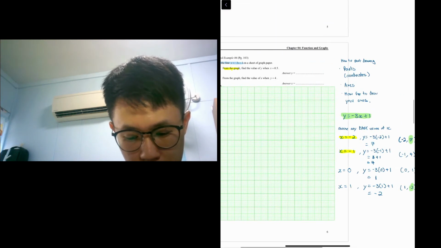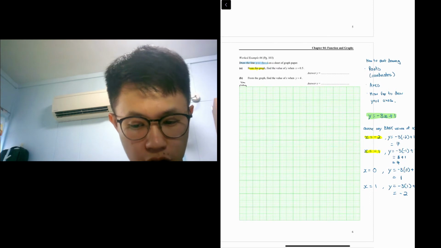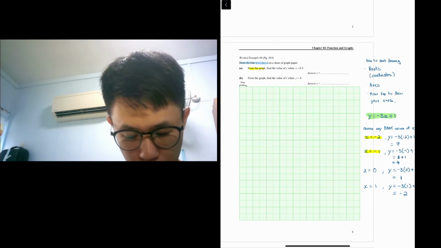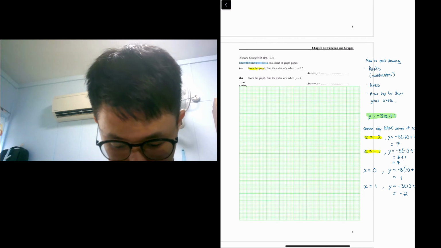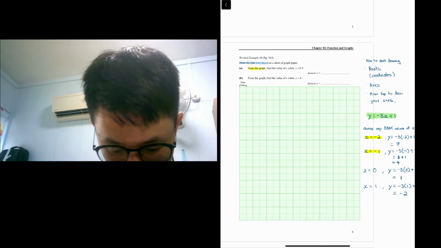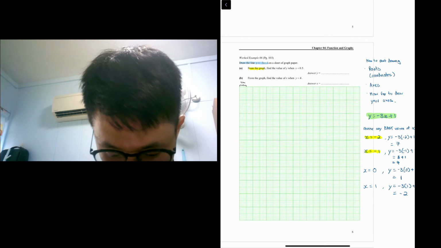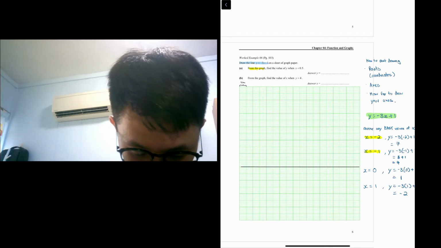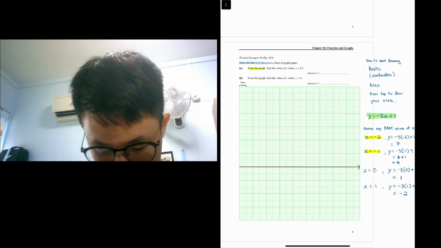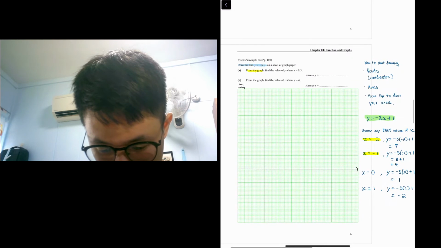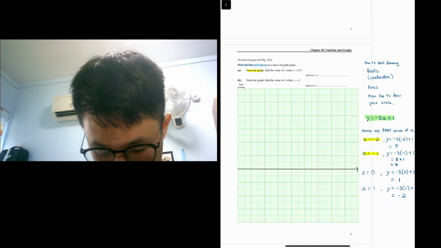So let's go here. When you start drawing the graph, you need to draw the axis on your own. Very simply, I like to make it a little bit more even. So I just make sure probably somewhere like that. You draw a horizontal x-axis, and a vertical y-axis here.